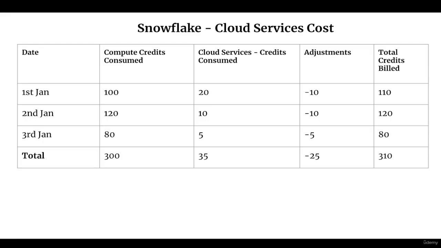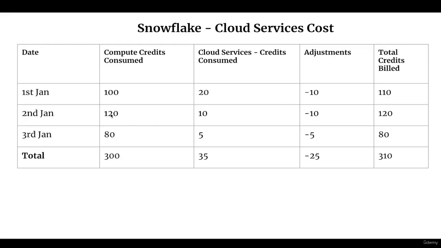Now, in case it exceeds the 10% of compute cost, they're going to slash 10%, right? Hence minus 10, and you will be billed for the other 10%, okay? So the total credits billed is 110 credits. That's for the 1st of Jan.